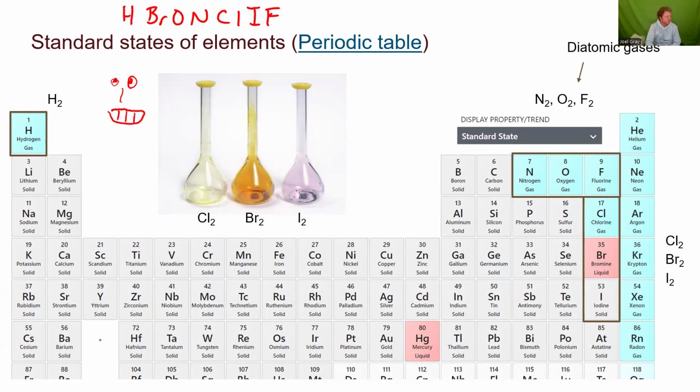Do you think H. Brincl has a nose? Yes, a nose, but a mustache. I'm going to go with yeah, kind of a Salvador Dali type of mustache. So this is a character known as H. Brincl, and H. Brincl is a mnemonic to represent all of the diatomic gases.